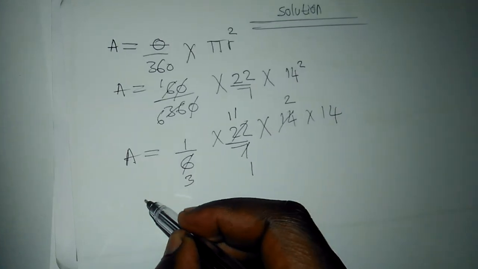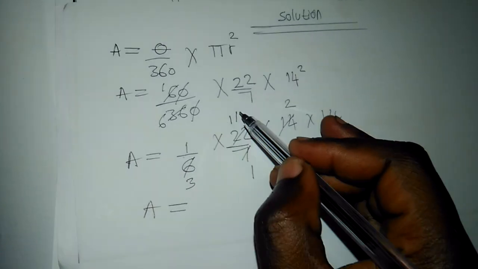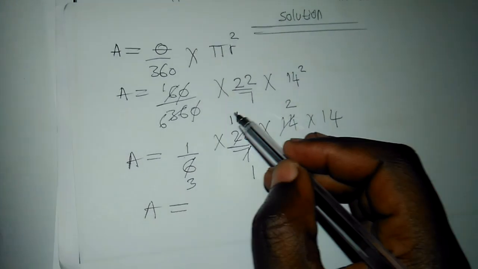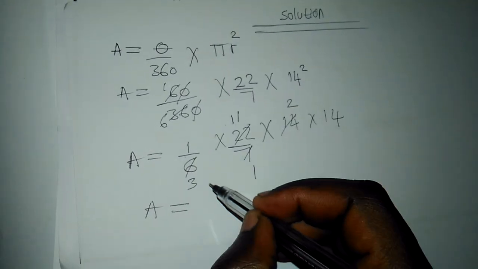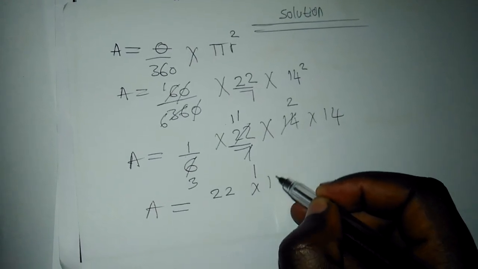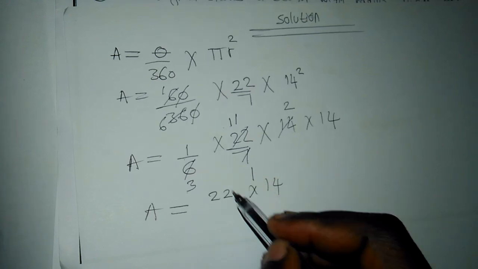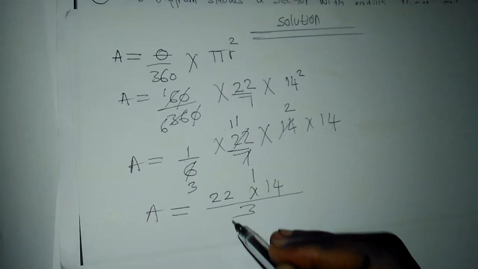After that, the numbers on top we have to multiply. So we have 1 times 11, that is 11. 11 times 2, I'm going to get 22, then times 14. Here 3 times 1, everything will just be divided over 3.